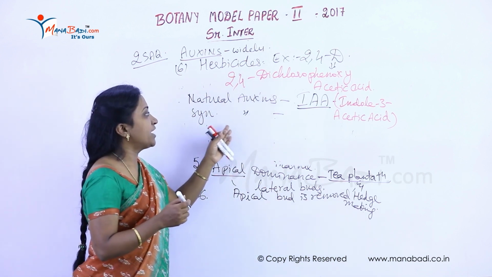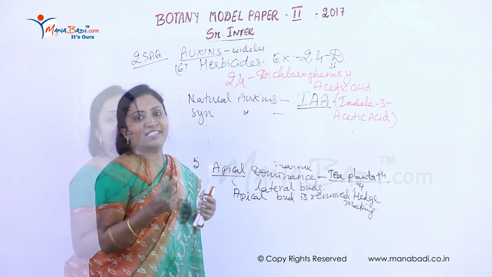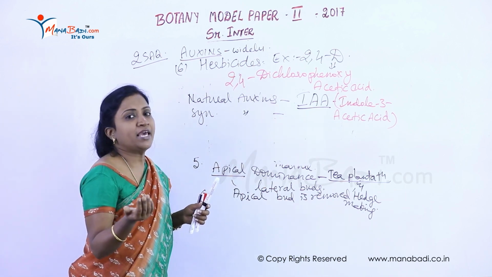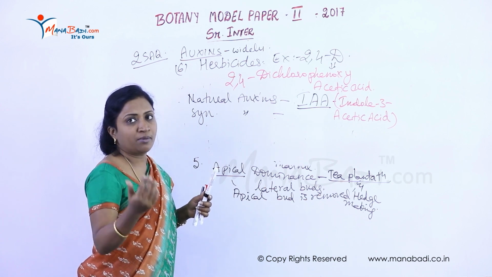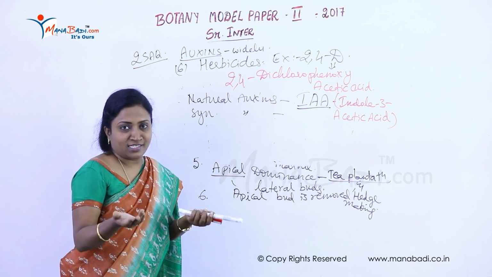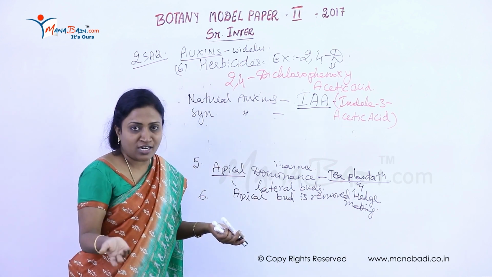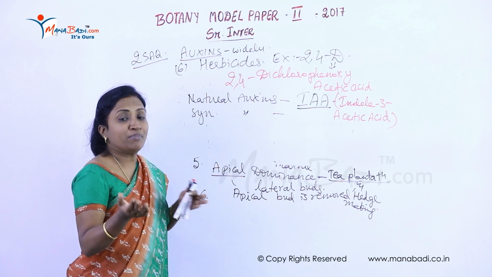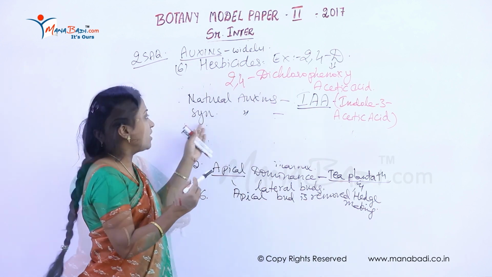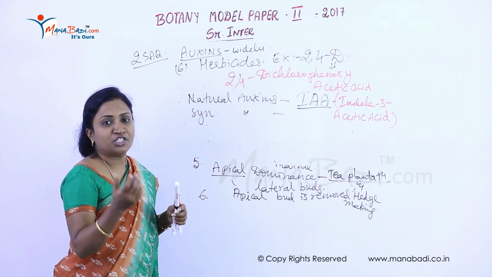Now coming to the examples of synthetic auxins. These are some chemicals that behave similarly to auxins. As they are not naturally synthesized but just behave like auxins, they are called synthetic or artificial auxins.